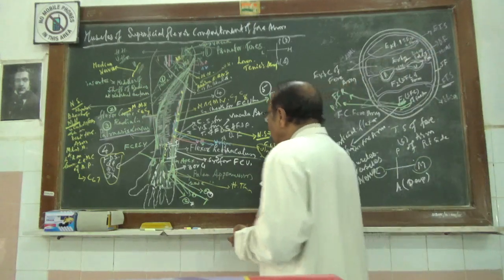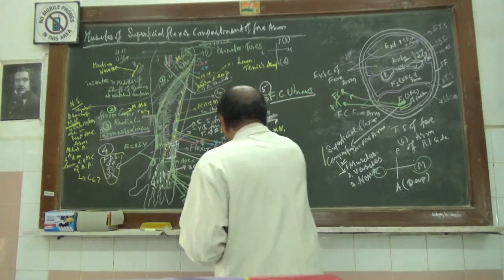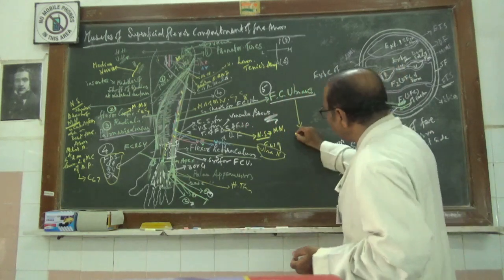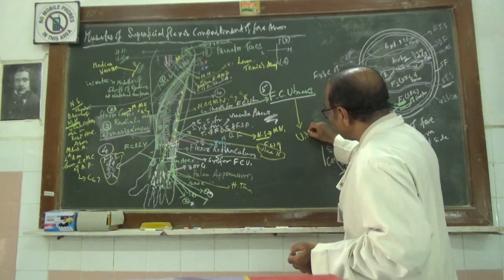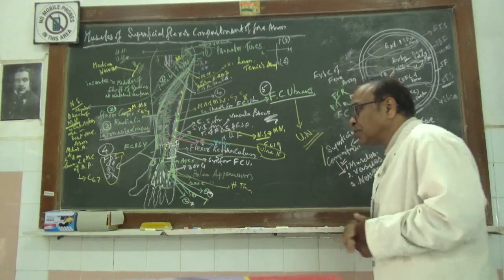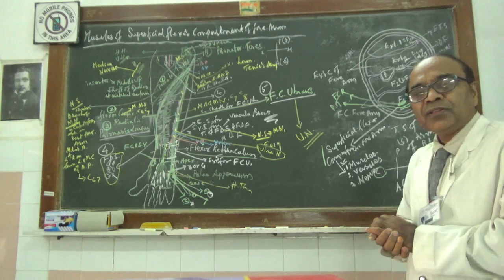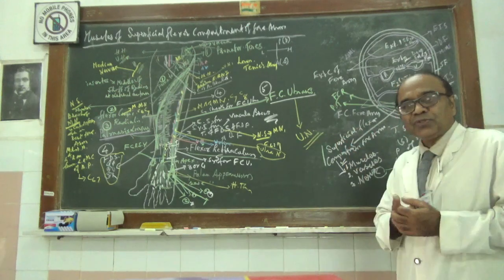Now what is the nerve supply for the flexor carpi ulnaris? The nerve supply of the flexor carpi ulnaris is by the ulnar nerve. So you should know this.